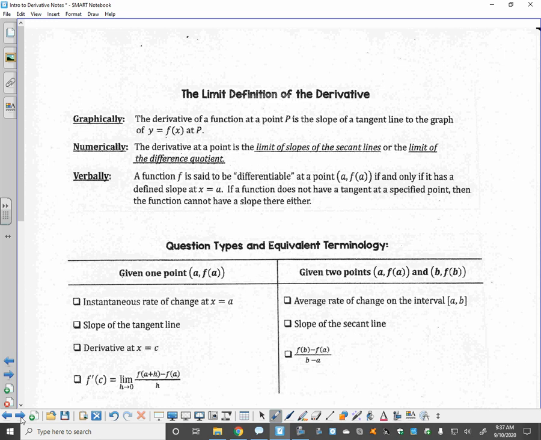The difference quotient is just that big limit formula that needs to be burned into your brain. Verbally, a function f is said to be differentiable at point a if and only if it has a defined slope at x equals a. If a function does not have a tangent line at a specific point, then the function cannot have a slope there either.